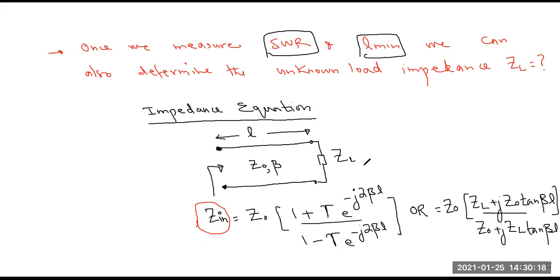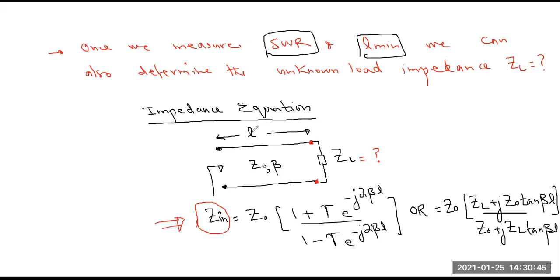Now, using this equation, I'm going to find out ZL. So our problem is ZL is unknown. How can I make use of this equation to find ZL? If I want to find out the impedance ZL, it means I am interested in finding out how much is the impedance between these two points.